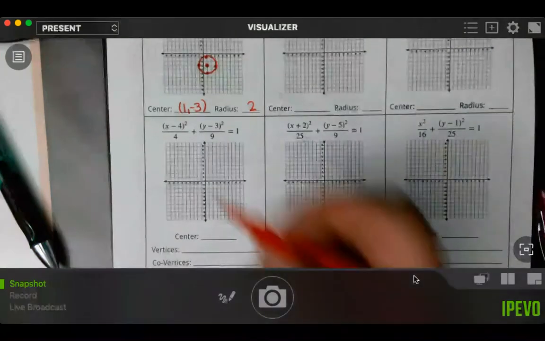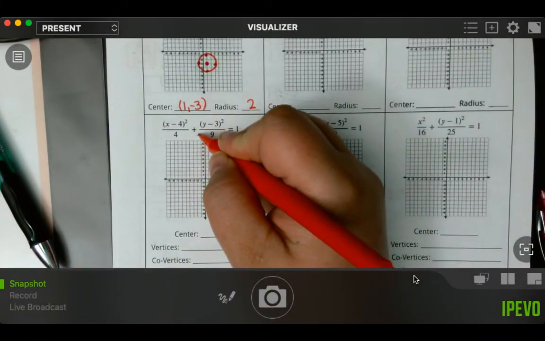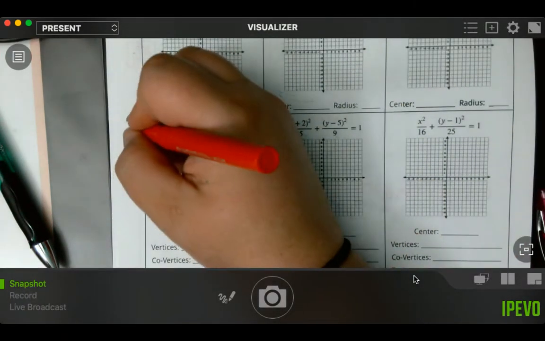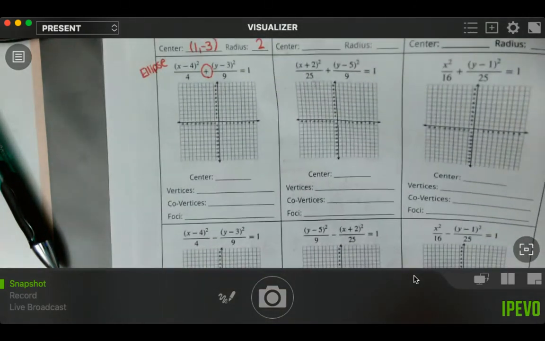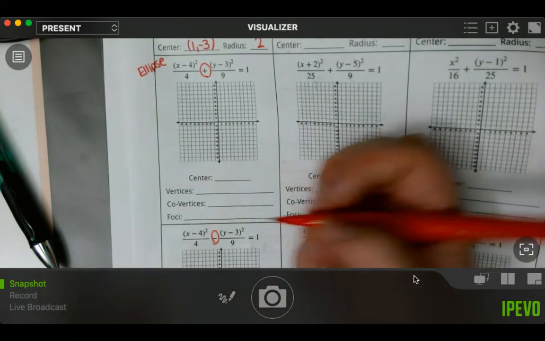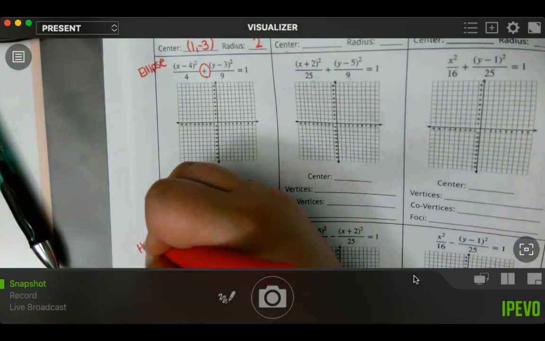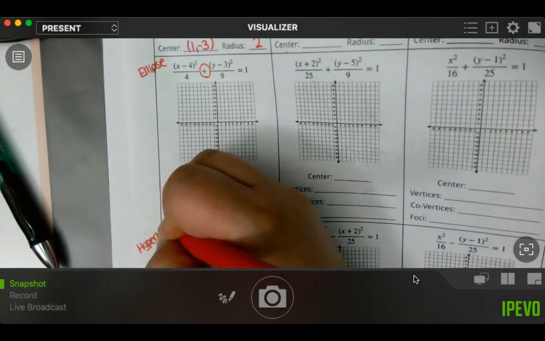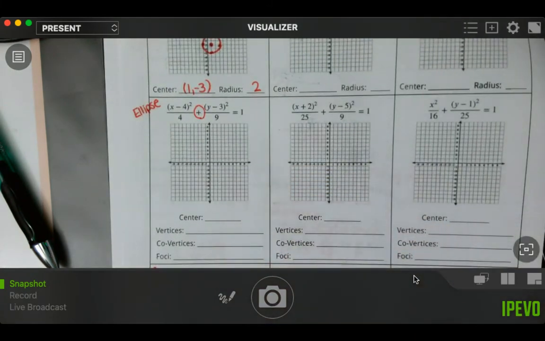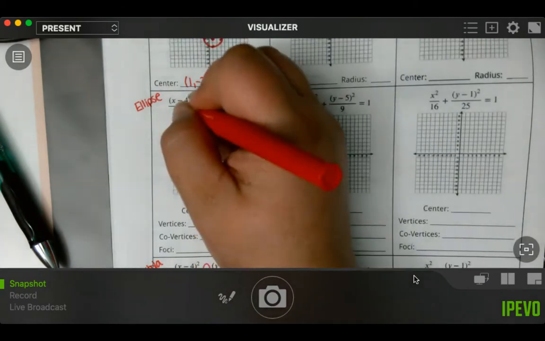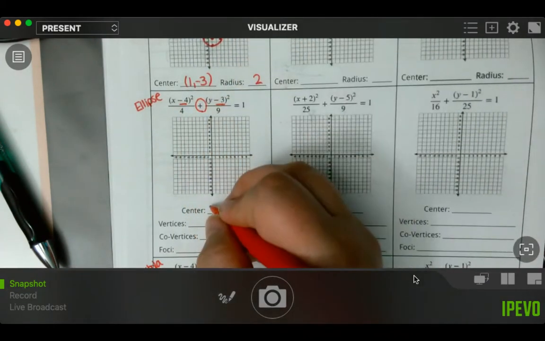An ellipse has a plus sign in between. A hyperbola would have a minus sign in between. For an ellipse, your center is the same kind of thing it was with the circle. These two numbers, 4, 3.